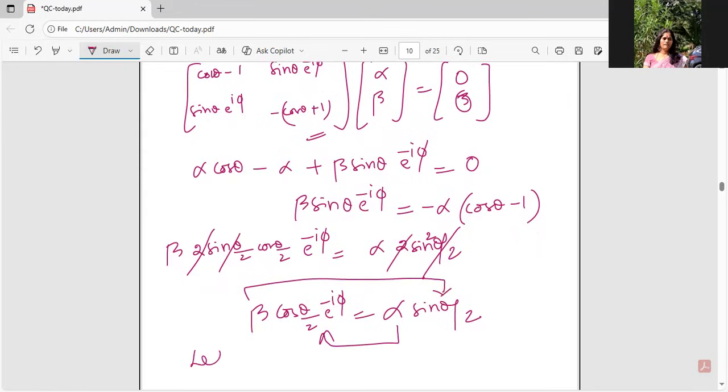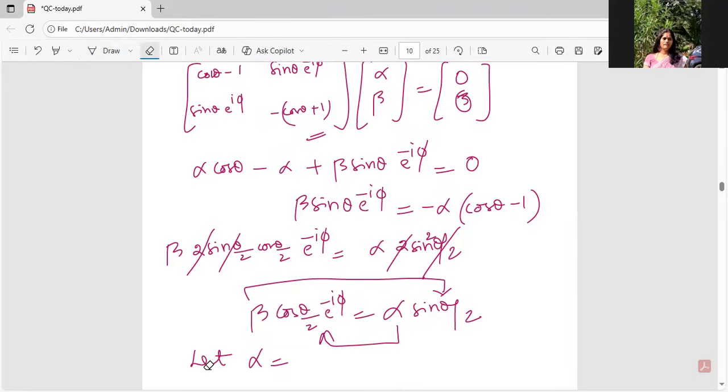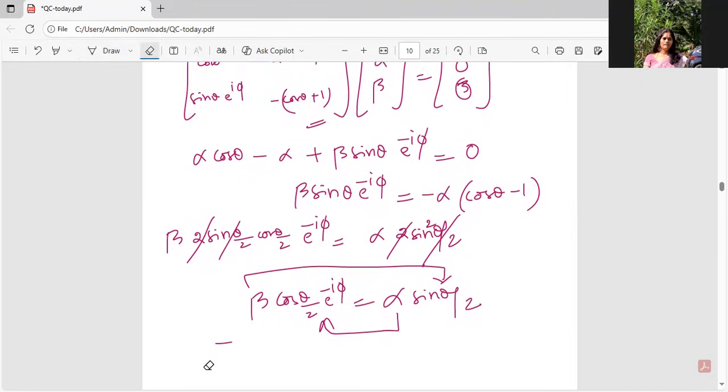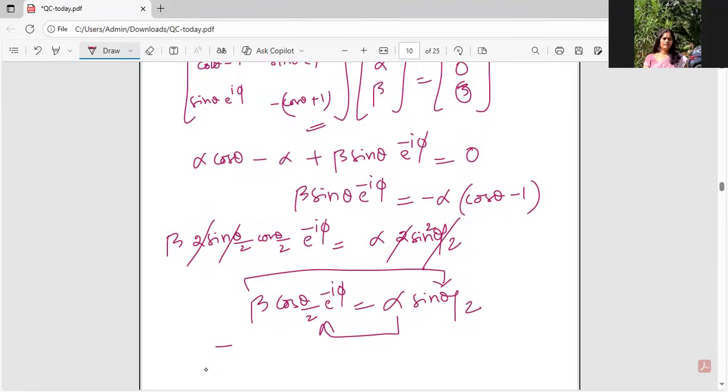So let alpha be equal to, one second, I will rewrite in a little better way. That is, e power minus I phi is there, I can take it towards the right. Beta cos theta by 2 is equal to alpha e power I phi sine theta by 2.